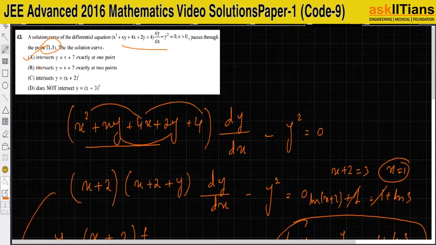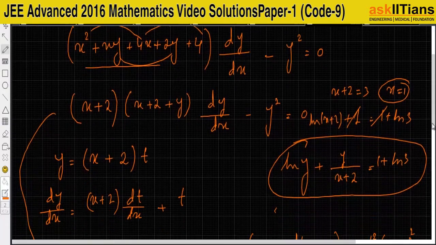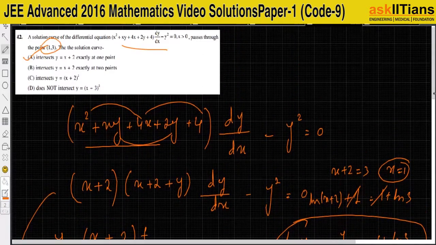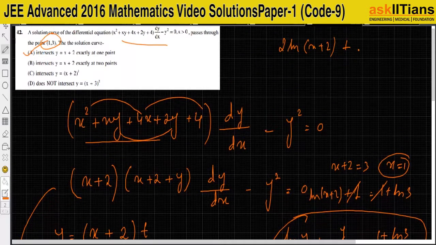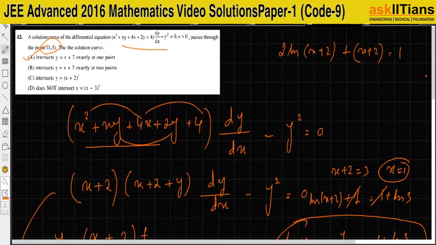And the next correct option will be intersects y equal to x plus 2 whole square. Okay, so if I put y equal to x plus 2 whole square, what will I get? I'll get 2 times ln of x plus 2 plus x plus 2, and this is equal to 1 plus ln 3.